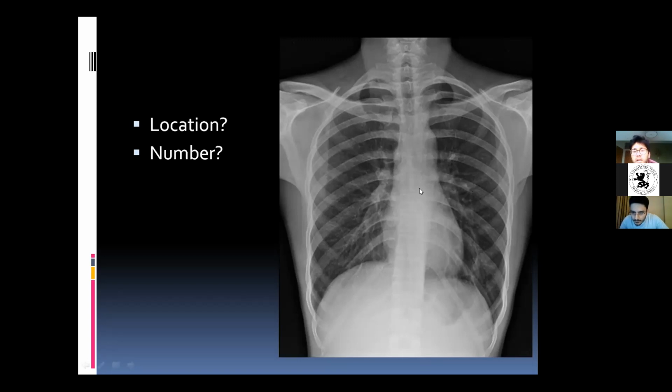Okay. So 7th on the right. Okay, right means left. So 1, 2, 3, 4, 5, 6, 7. Posterior, anterior.